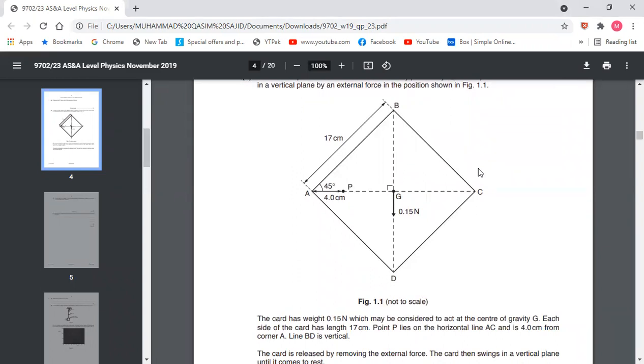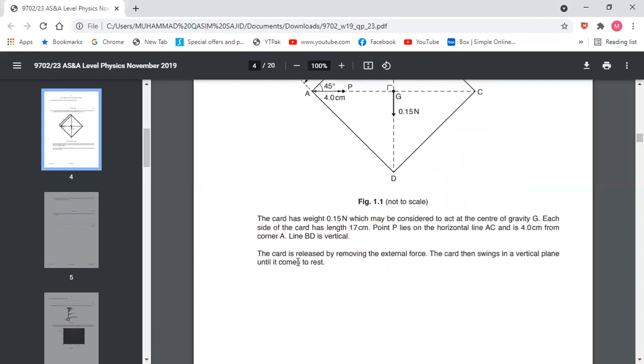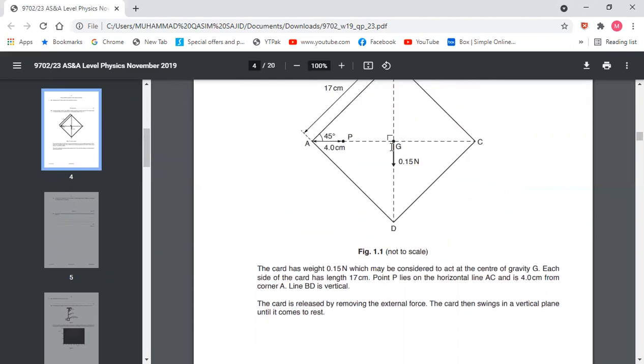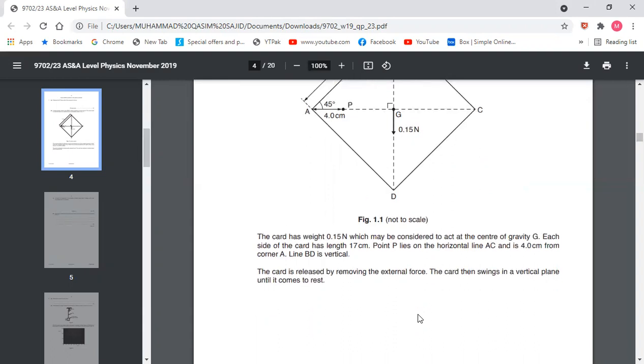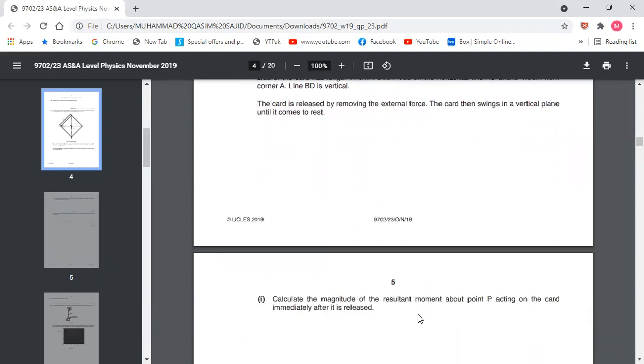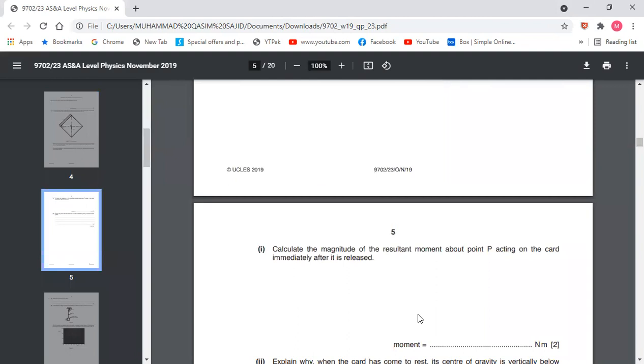So this is the weight acting downward. The card is released by removing the external pin. The card then swings in a vertical plane until it comes to rest. So calculate the magnitude of the resultant moment.